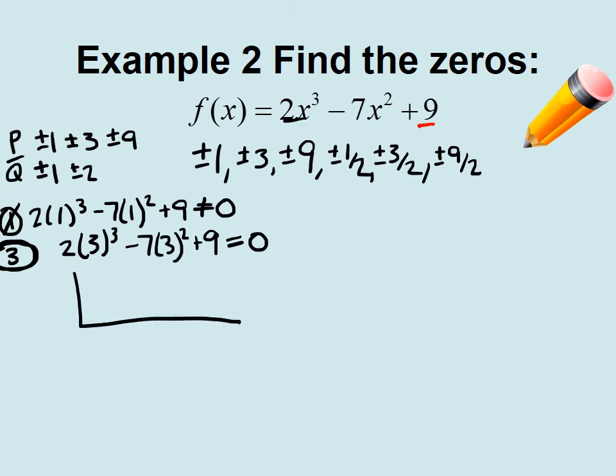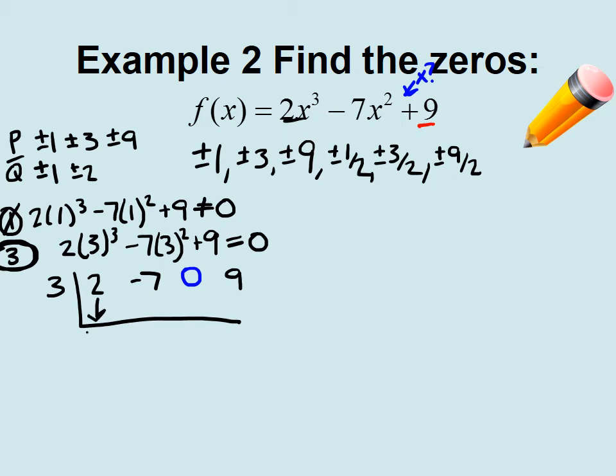Let's use synthetic division not only to prove that it's a 0, but to also simplify our polynomial. I've got a 2, a -7, and a 9, but notice I am missing my x term. There is no x term here. So I need to make up for it by putting a 0 in here.